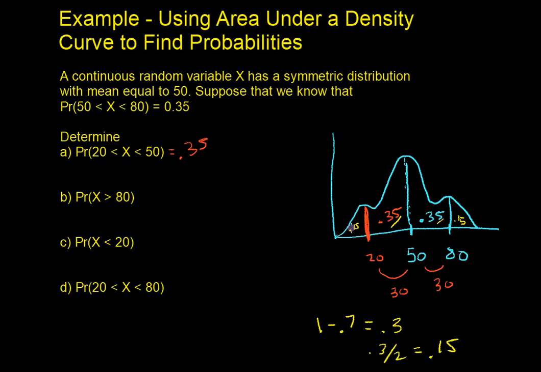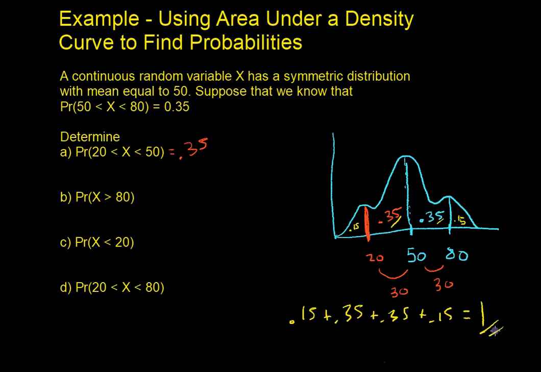And we can double check this. Now we've come up with all the areas everywhere in this curve. Does 0.15 plus 0.35 plus 0.35 plus 0.15 equal 1? And it does. This is good because the total area under this curve should be equal to 1.